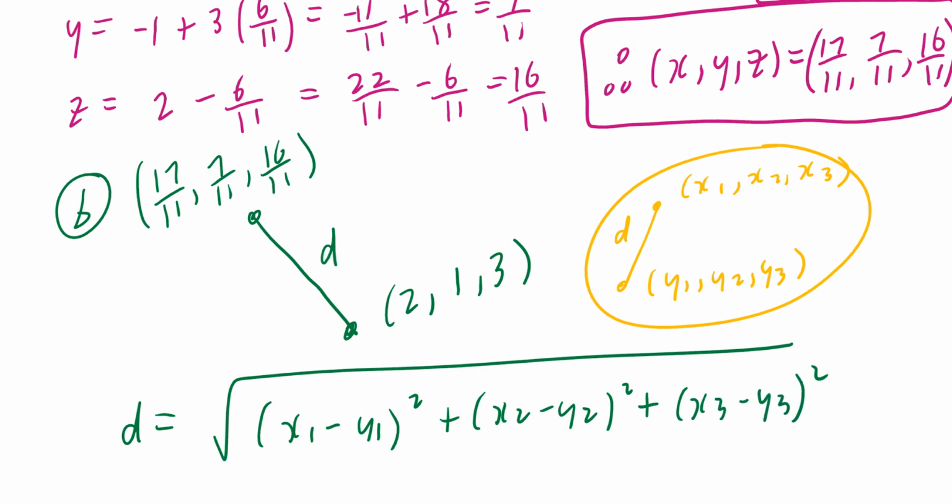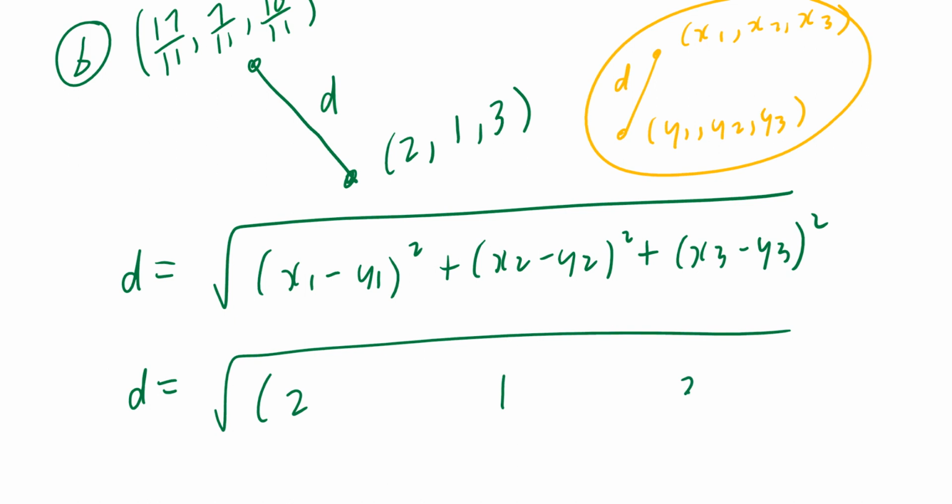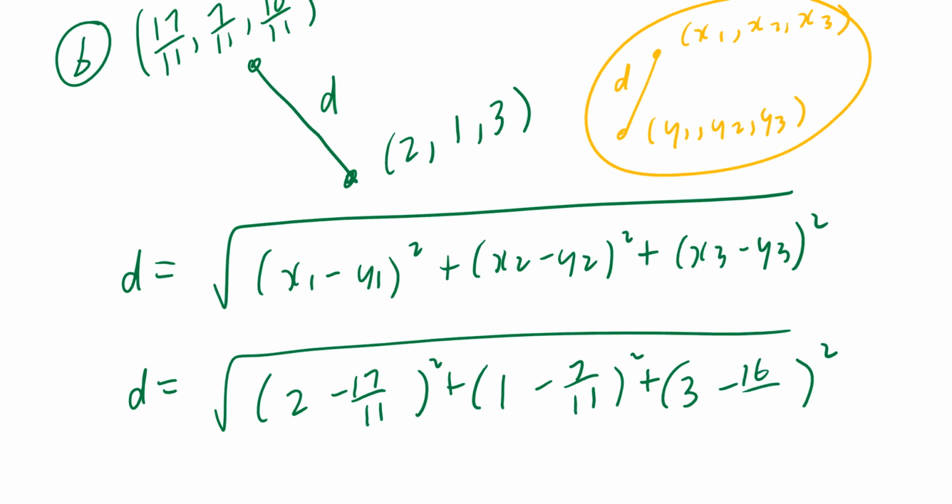So in this context, the distance equals, I can pick the first point, 2, 1, 3, to be there. I'm going to put everything else by copying: minus 17 over 11 in the first bracket, 7 over 11 in the second bracket, 16 over 11 in the third bracket.